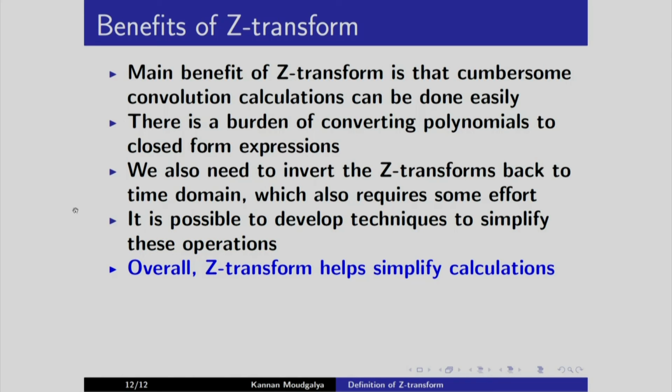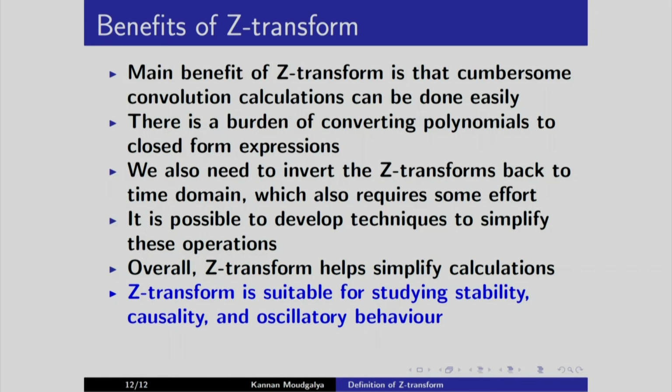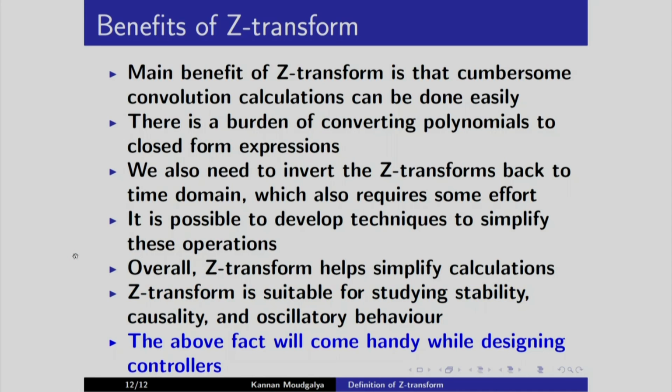Overall, Z transforms help simplify calculations. The Z transform is suitable for studying stability, causality and oscillatory behavior. In addition to these benefits, it will come in handy while designing controllers.